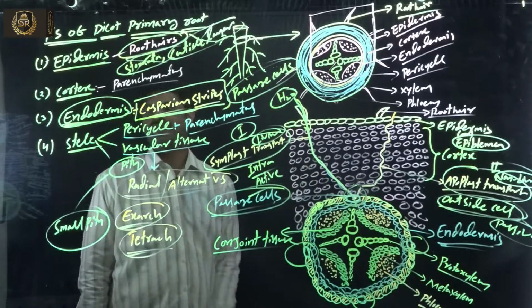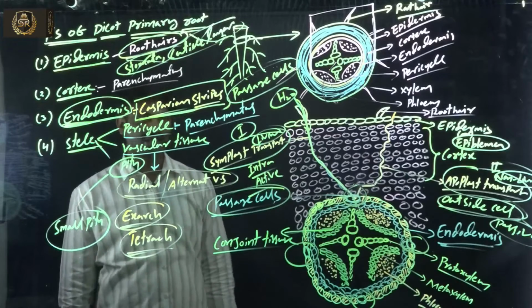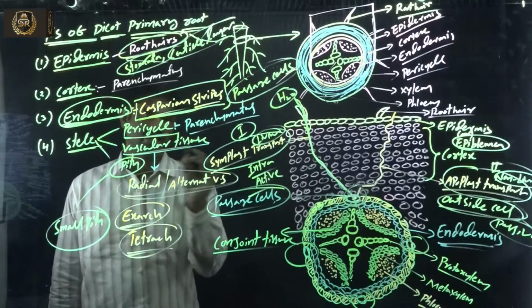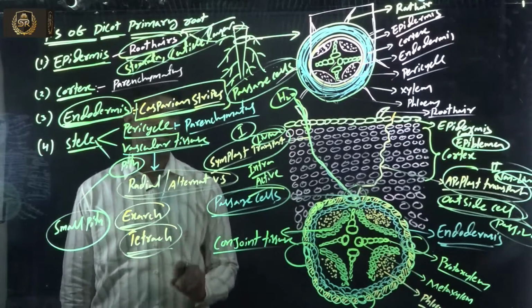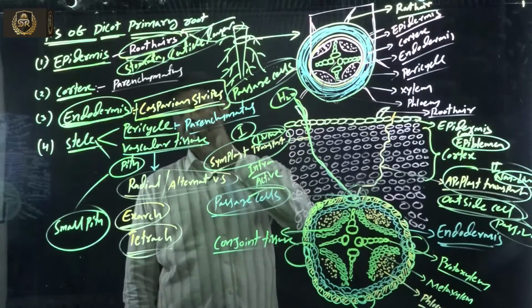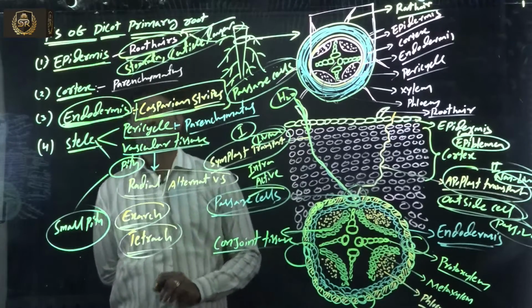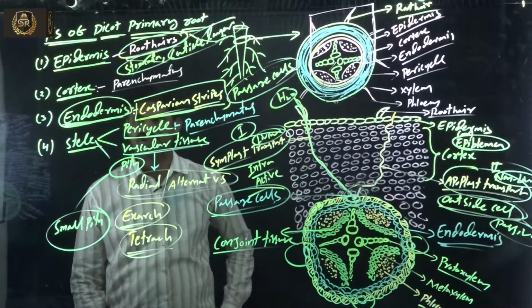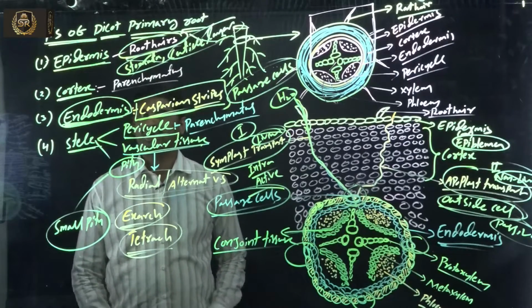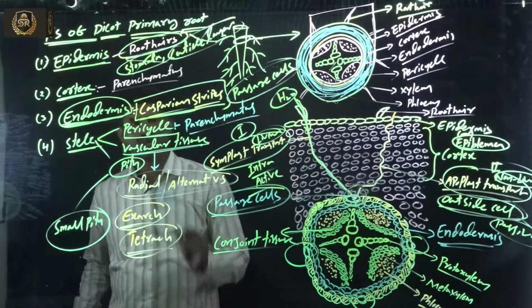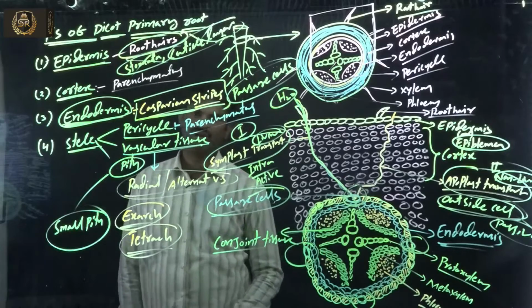Next, the stele. The stele can be divided into pericycle, vascular tissue and pith. The first part of the stele is called the pericycle. It is located below the endodermis and above the vascular tissue.